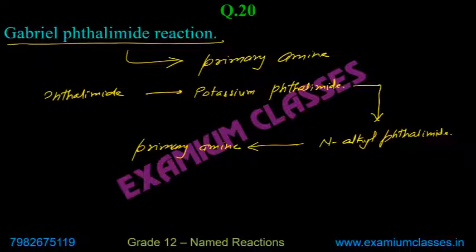So this is something you need to remember. Cram it. Phthalimide to potassium phthalimide to N-alkyl phthalimide to primary amine.